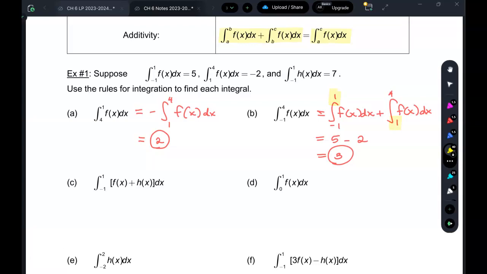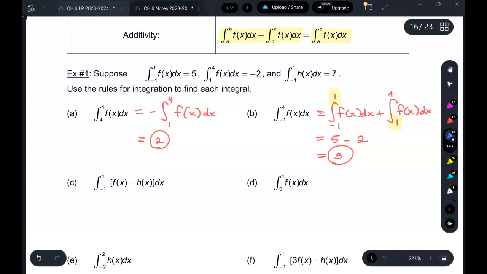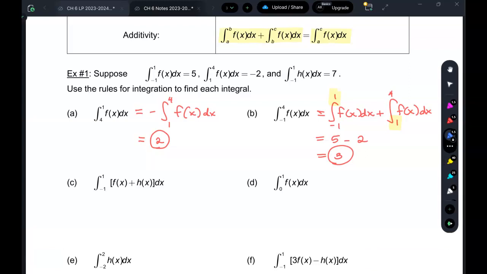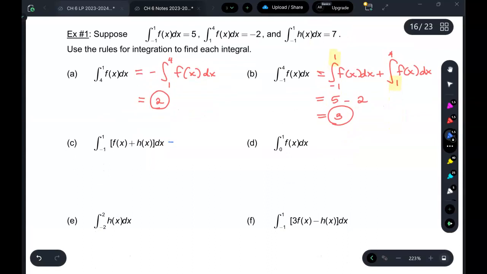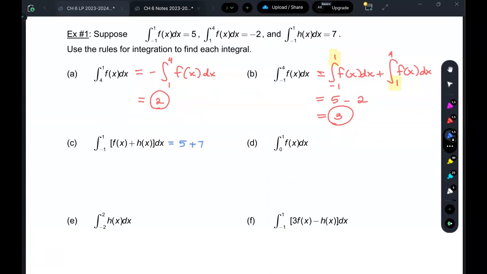The next one, from -1 to 1 of f of x plus h of x. Yeah, 12. Okay. What about from 0 to 1 of f of x dx?